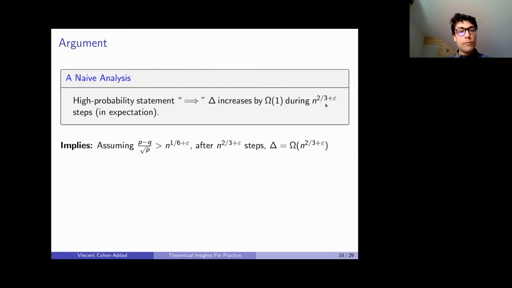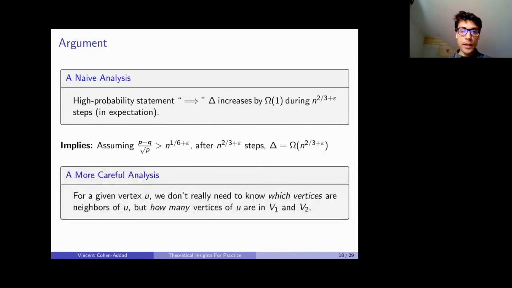And so if I assume that (p minus q) over square root p is greater than 1 over n to the minus 1/6, then after n to the 2/3 plus epsilon steps, my delta has increased by enough. I increased by a lot, in fact, and enough to make something significant. Like almost reached, I'm reaching this 51% that I was saying before.